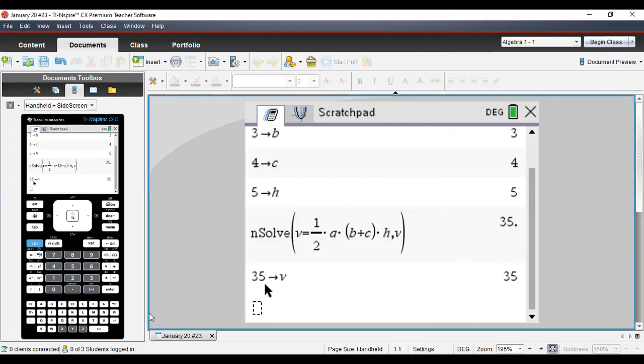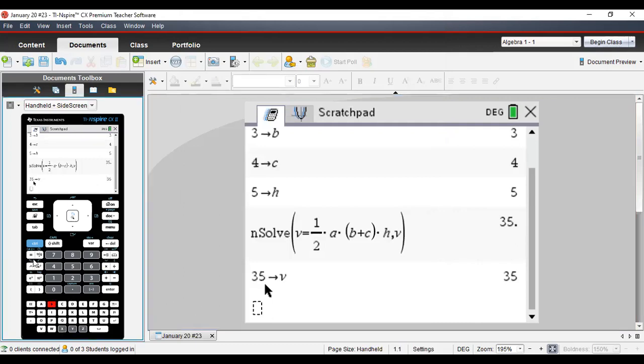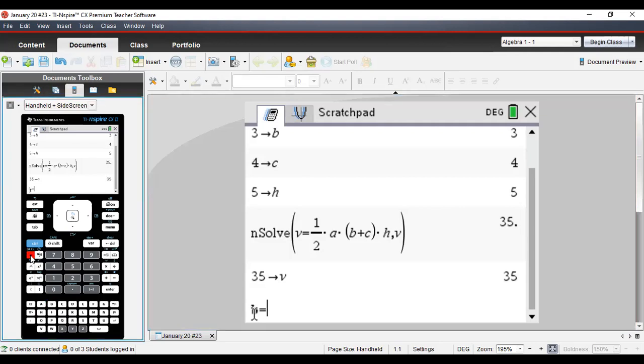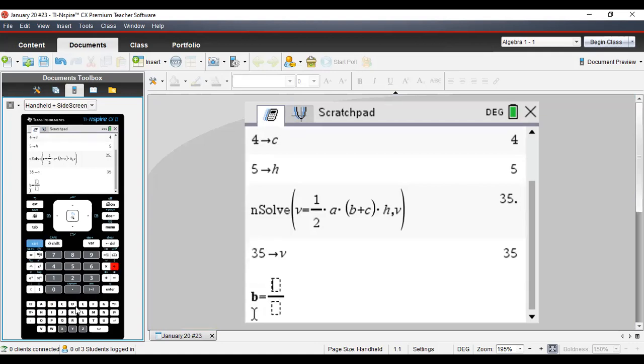Okay, so the very first one, it says that B is equal to, let me make sure I click on this, B is equal to, control divide, B over 2 times, and I'm putting 2 times A times height, and then plus C. Now, if this is right, I should get a true statement.